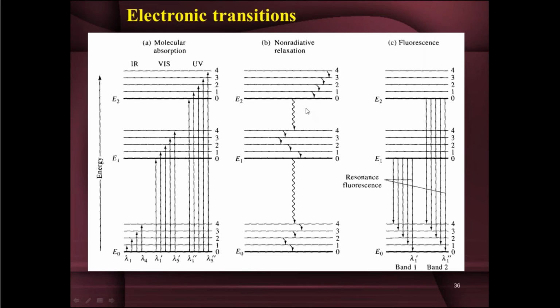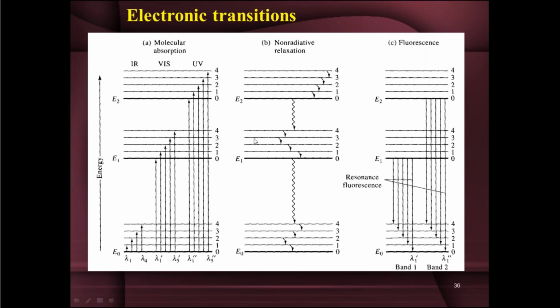This is also non-radiative. So it could be something like heat generation. So it could release the energy due to collisions. So various types of those external conversion methods, it could release the energy. But no radiation is emitted, and that's why you see a wavy arrow.